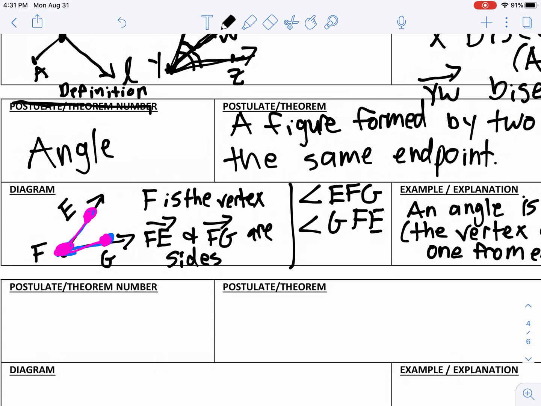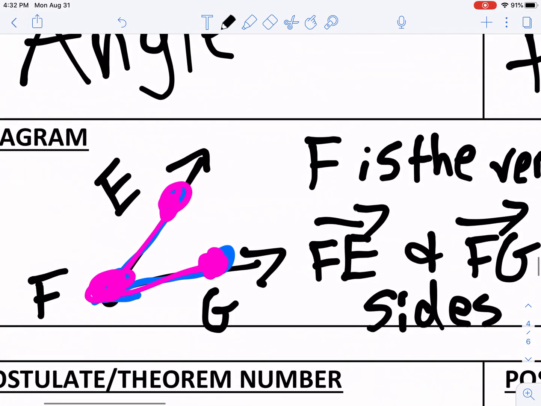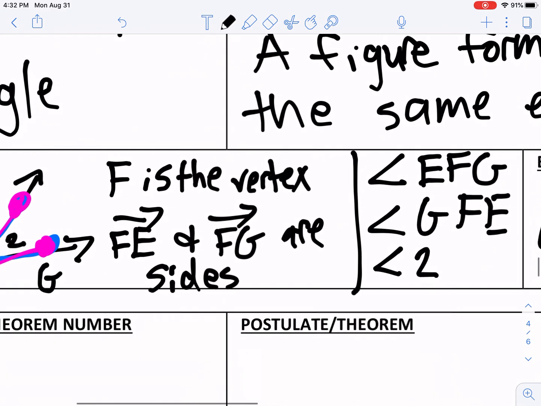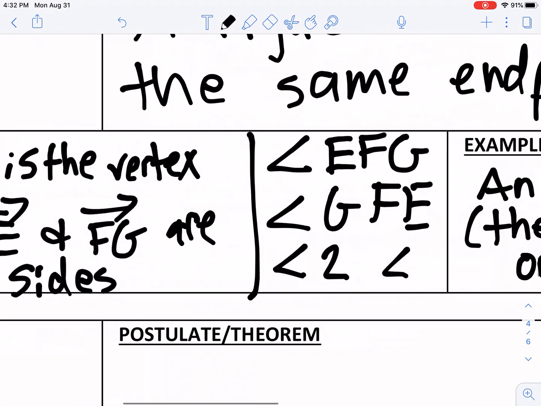Another way that you can name an angle is if we put a number on the inside of the angle, like 2. Sometimes you might see that. We could call this angle, angle 2. It's not quite as common, but that is another way to name it. And every once in a while, but there's a stipulation to this, you might just name the angle based on its vertex.